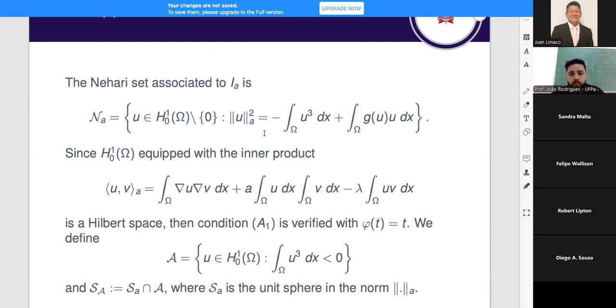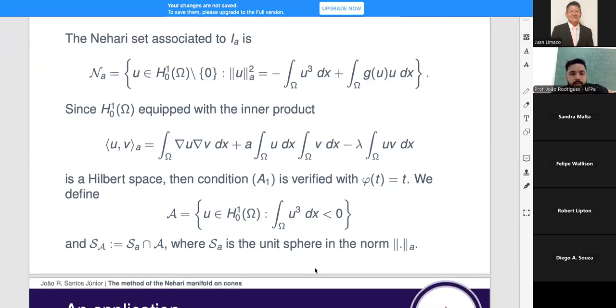We define this open cone as the class of functions for which the integral of this power is negative. So this open cone satisfies the hypothesis A2 we imposed in our abstract result.